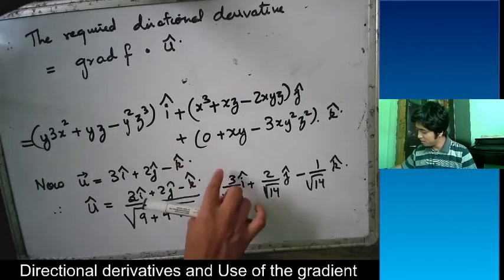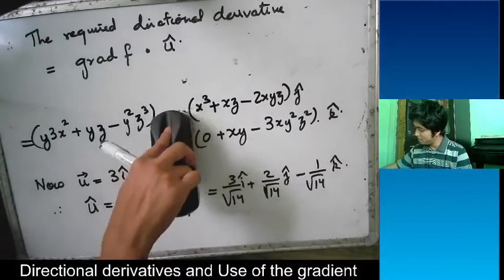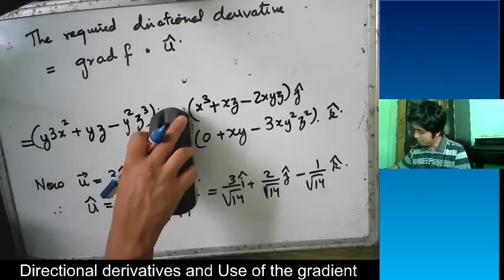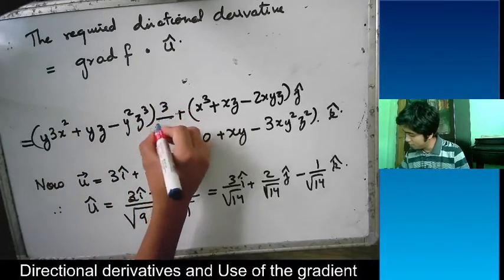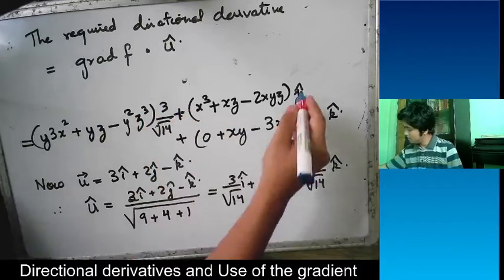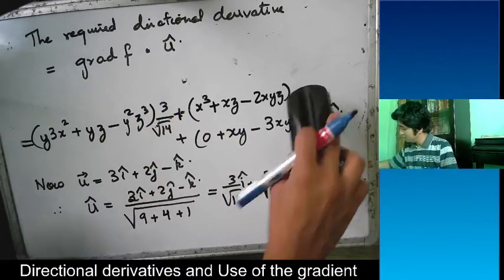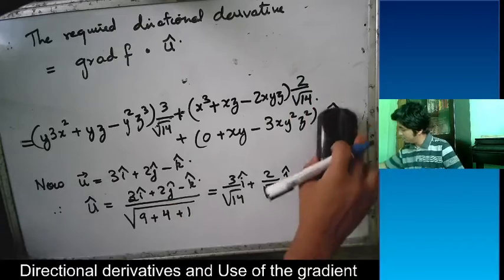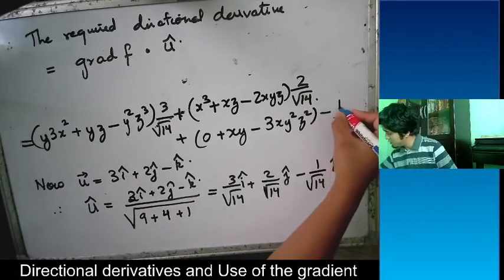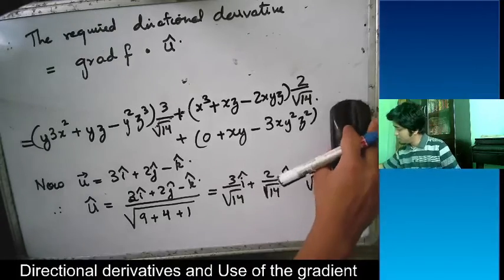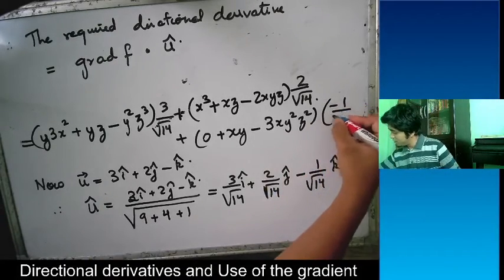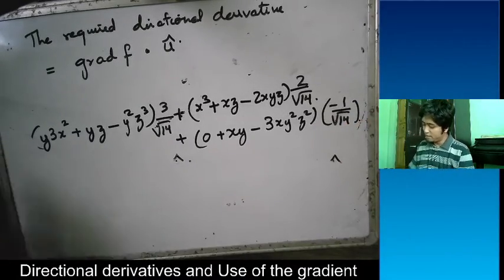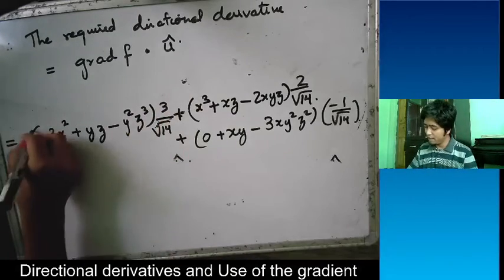We can easily do this one: 3 by root 14, instead of i, just write over here; plus, instead of j, just take the dot product, you will be having this; and k will be minus 1 upon root 14. Okay, so this is the required directional derivative, which is equal to grad f dot u.